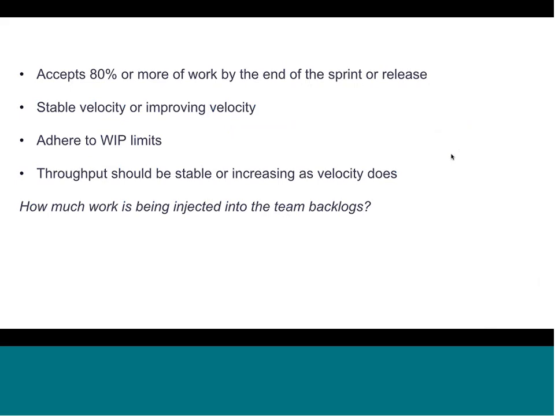If we have some problems with throughput, and then this is a big one with these broader time boxes, it's how much work is being injected into a team's backlog. I heard someone describe it at a conference: injection of work into an iteration is really a violation of an Agile best practice.